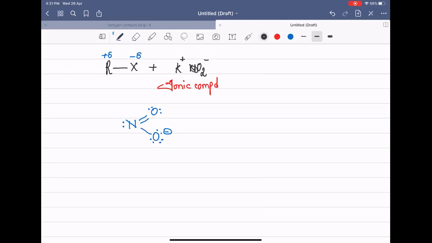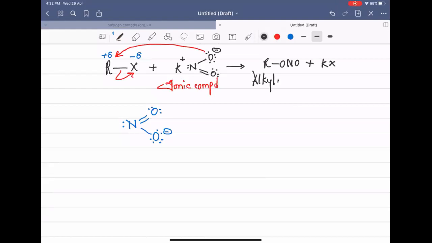So instead of putting it like this, I may even draw the structure like this. Therefore your product would be RONO plus KX. This is called an alkyl nitrite.